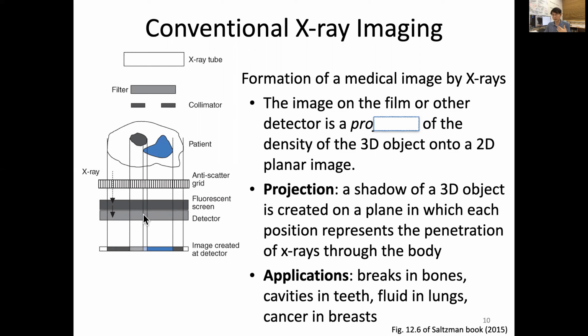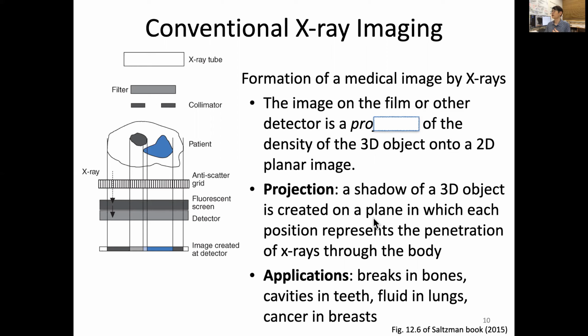So we can use either film or this fluorescent screen, or we can image using the detector. You can see that X-ray passing through this part will give a different contrast because it has been absorbed much more.